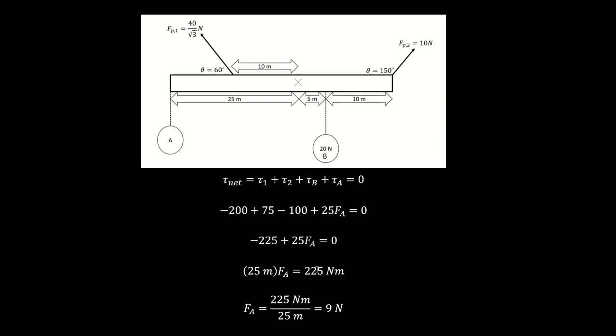Adding that to the other side is going to give us 25 meters times our weight equals 225 Newton meters. Divided by 25, and we have our weight of object A. It has to be 9 newtons in order to make sure that these other three forces and weight A all cancel out when it comes to torque, such that there's no rotational motion at this point.